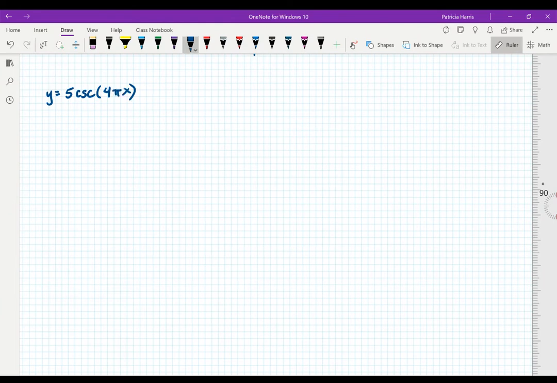Slightly weird, not too weird. So I have an amplitude of 5 and a period of 1/2. Notice the pi went away, but that's okay. It's all good.